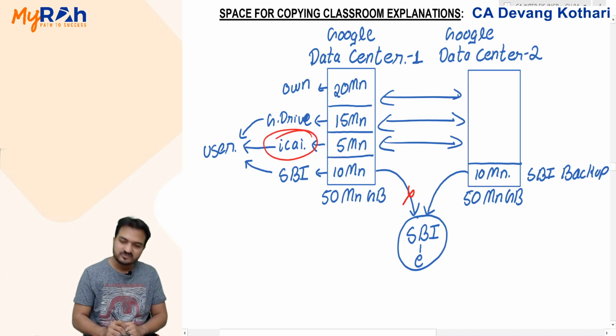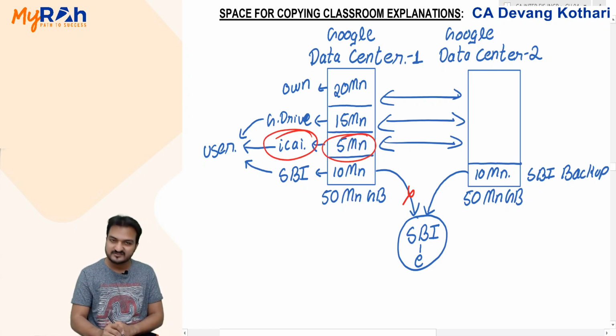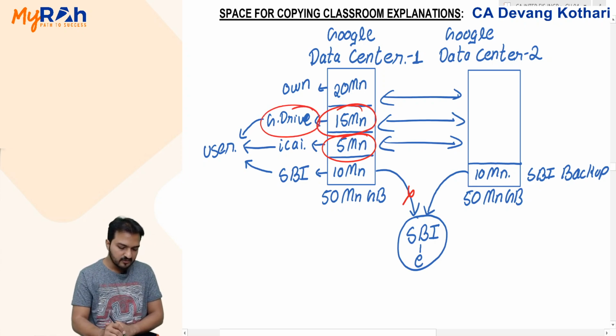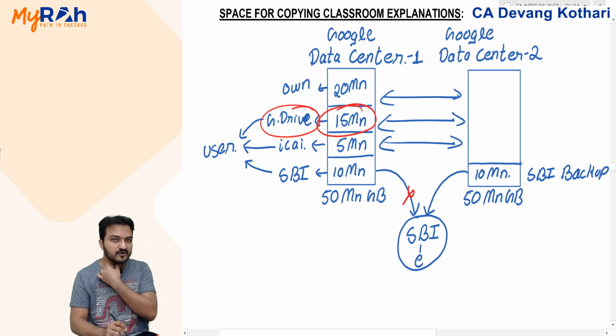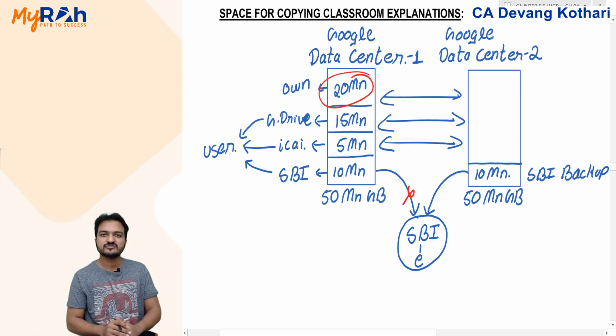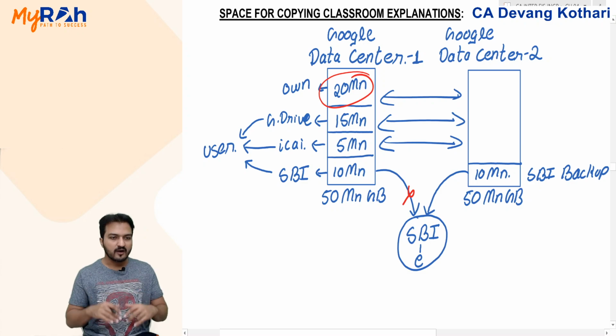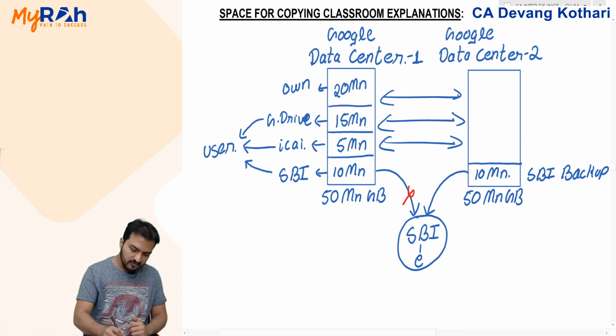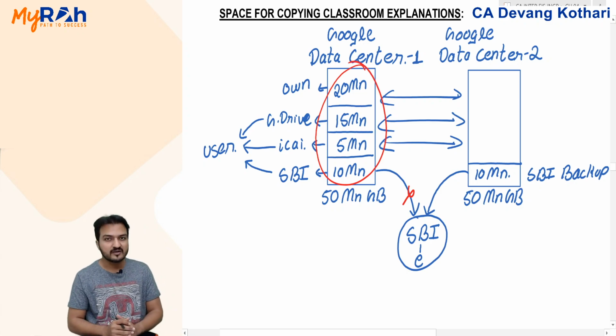ICAI also wants to put its website data, so 5 million GB is given to ICAI. 15 million GB is used for the users of Google, that is for Google Drive, and the remaining 20 million GB Google is using for its own data: their own accounting, employee attendance data, employee salary data, and all that.